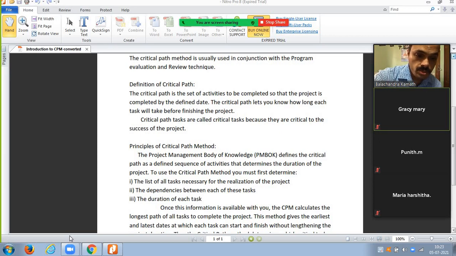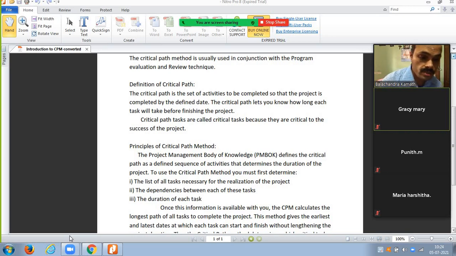Let's take another example. You want to manufacture some product. There is task A, task B, task C, task D to get the final product. Task A's output becomes task B's input, task B's output becomes task C's input, task C's output becomes task D's input.